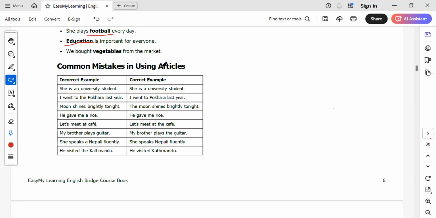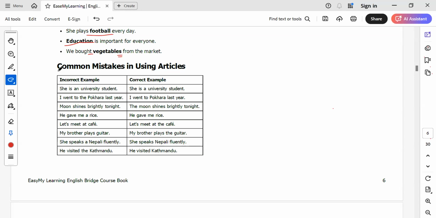But if I'm just generally telling you that, okay, I've bought the vegetables, I've bought the sabzi from the market, then I just say vegetables. We will not say the vegetables or a vegetables. Okay. And again, vegetables is plural, so we cannot use a. And we are talking about vegetables in general, so we cannot use the. So we do not use any article. Okay. So this is another example.